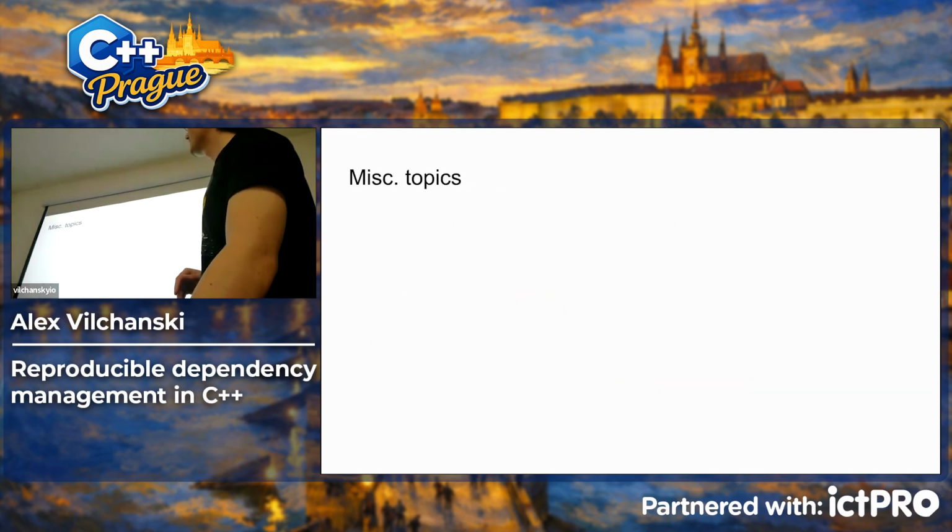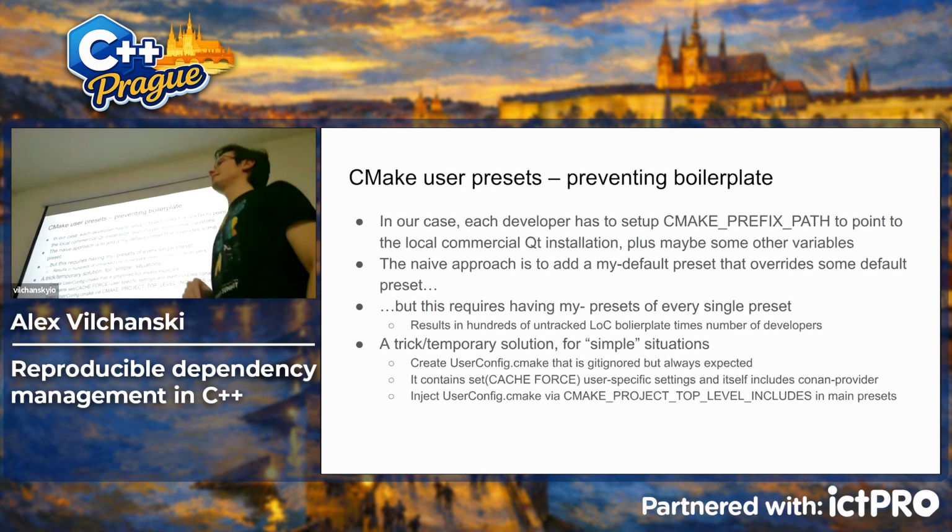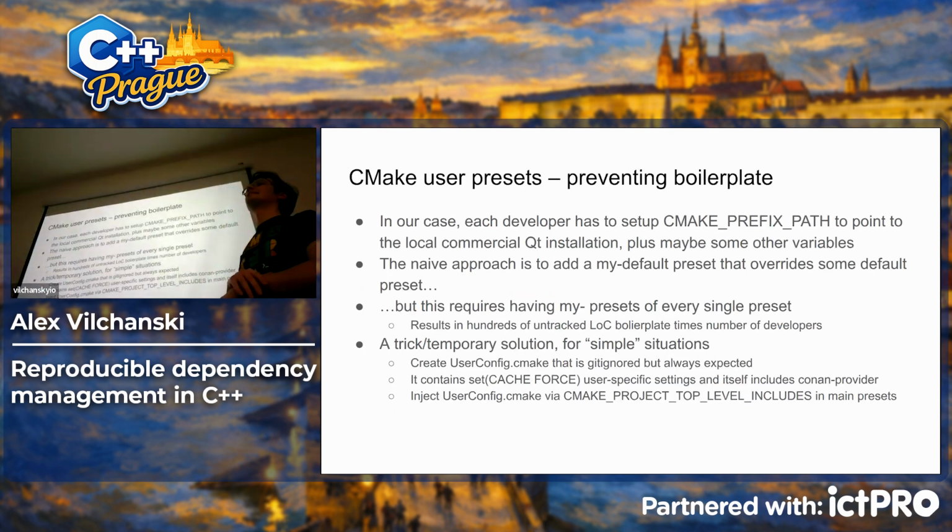And again, as I was running out of time, going here by the metro, here are some other topics that I just dumped into the slides, which are somewhat relevant. Again, as I mentioned, for us, we use commercial Qt extensively, and that means that every developer has to specify the path to their own Qt installation.